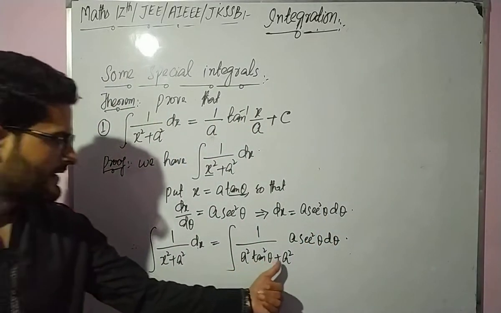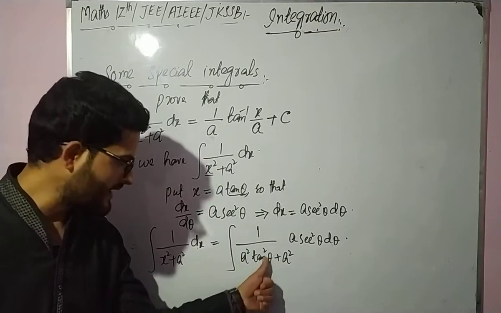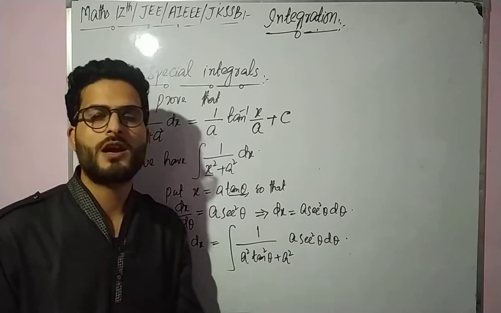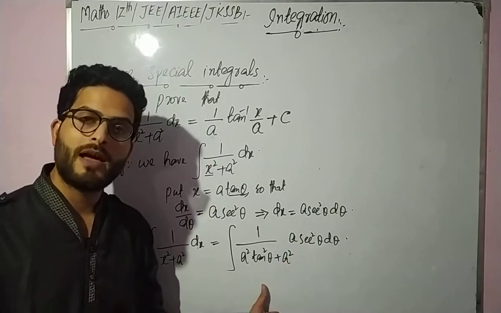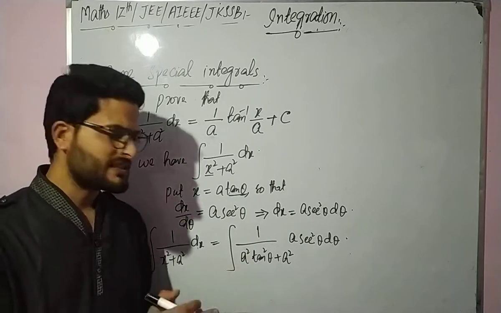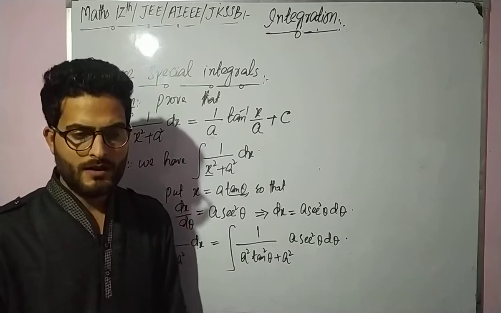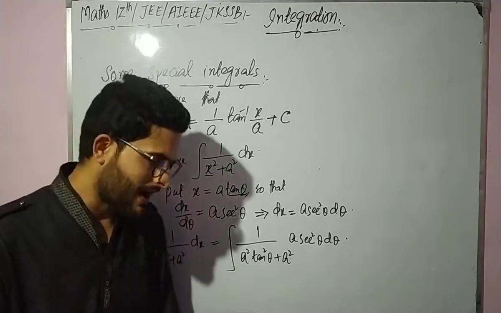There it comes. a square will be common, 1 plus tan square theta is sec square theta. This sec square theta and this sec square theta will obviously cancel, because one is in the multiple and one is in the divide. So the integral must be reduced to the standard form, and when it is reduced to the standard form, obviously we can locate its antiderivative.